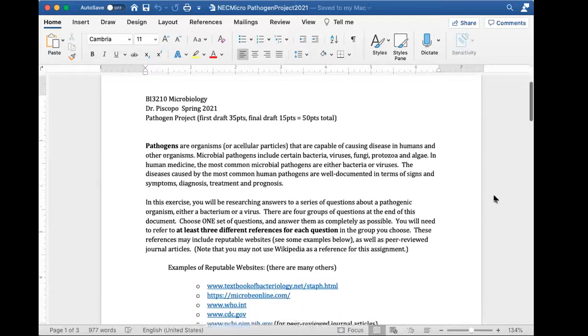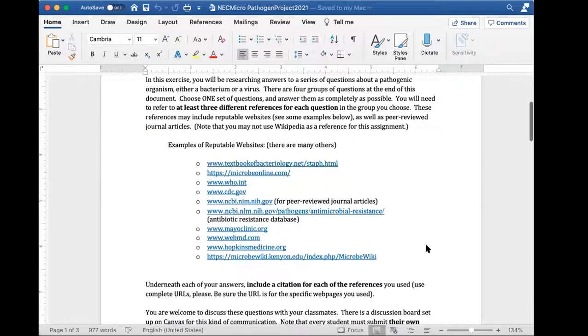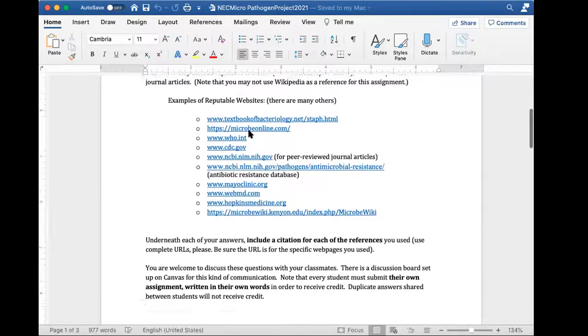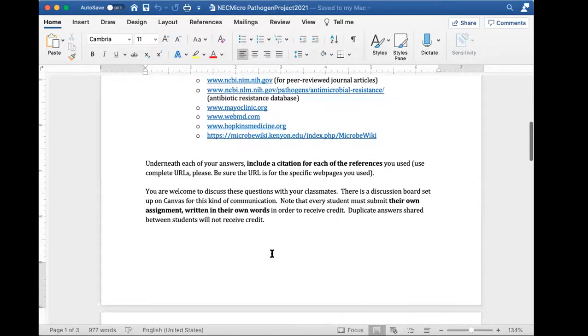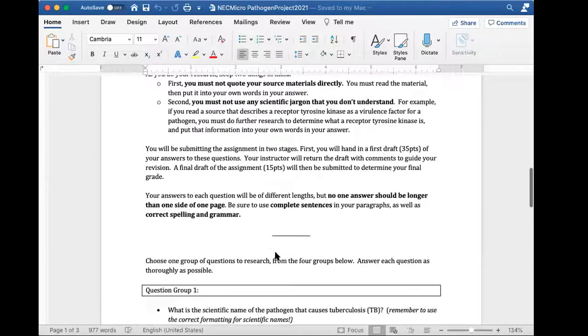So there's all kinds of instructions here for you about how many references you should use. I've given you a list of reputable websites that you can go to find information as you answer these questions. And again, I've given you some very specific instructions about how to write your answers.